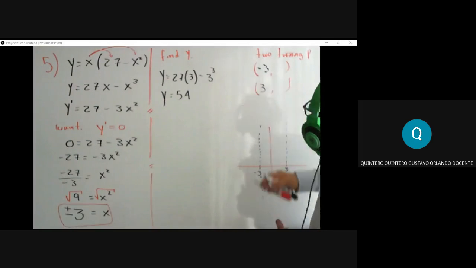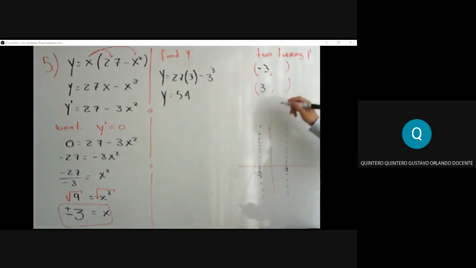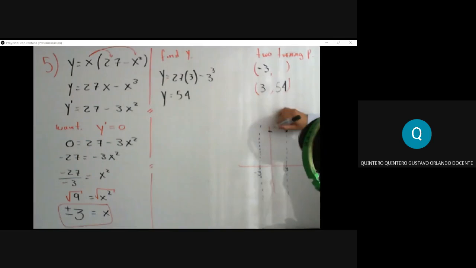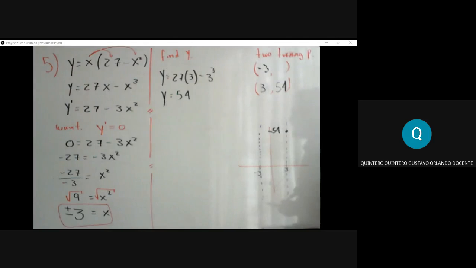Now we know the coordinate of y for the 3. This is 3 comma 54. We know there is a turning point in 3 comma 54. So in exactly this point over here at 54, there is a turning point. Now we don't know if that turning point turns out to be a maximum or a minimum. We will find it in a minute, all right? But we know there is a turning point there.